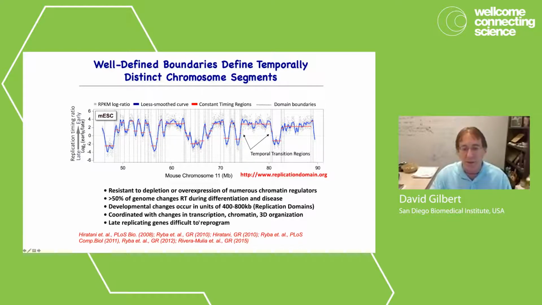And something that's not so well publicized is that we showed that when you make iPS cells, the genes that are difficult to reactivate in iPS cells are located within late replicating regions that also are difficult to reprogram back to early replication. So although this is all correlation, this was our first strong evidence that late replication represents a stable epigenetic barrier to reprogramming.